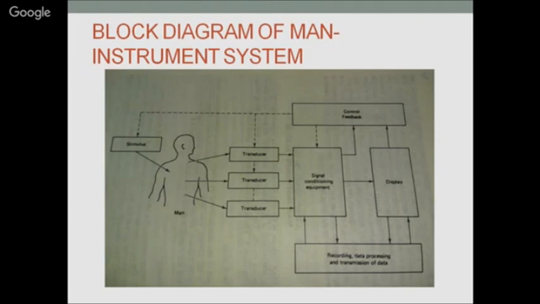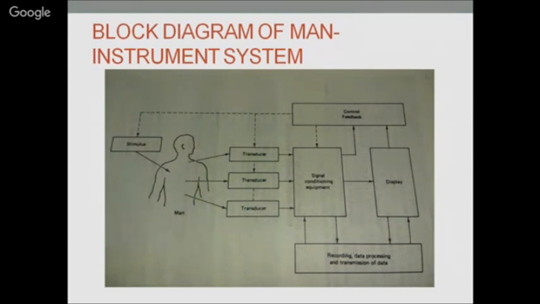I have shown a stimulus here, and it is dotted because sometimes it is needed, sometimes it is not needed. It is not necessary for every measurement. Like temperature, you don't need any stimulus there. Temperature is simple. As you measure in any other body, the same way you will measure in a human being also.